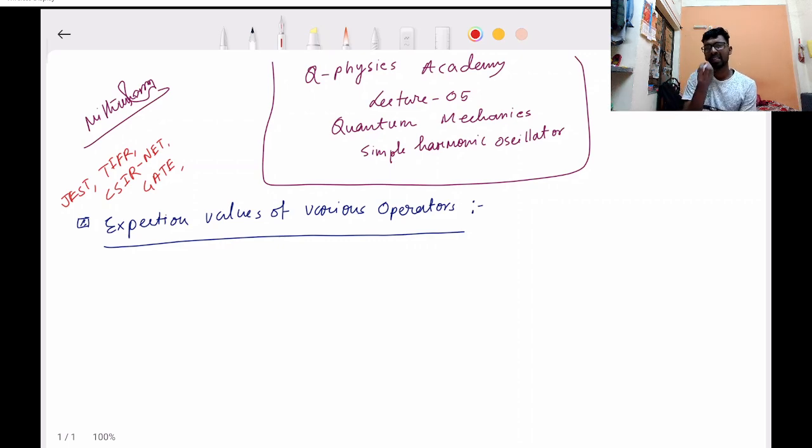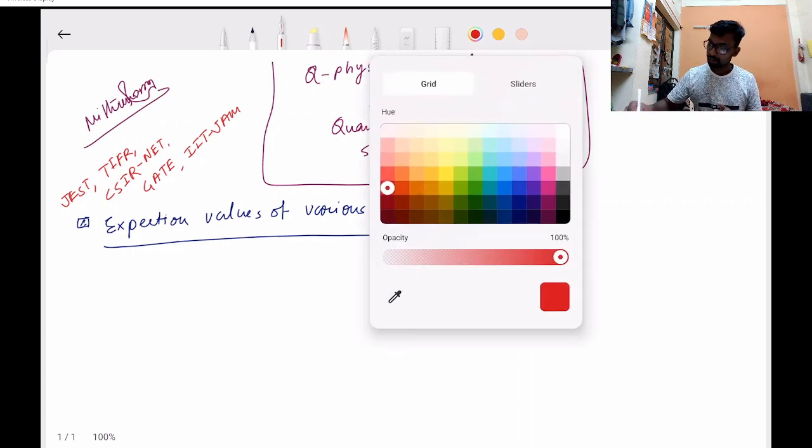It is also important from the IIT JAM perspective. So this part is very important for your upcoming exams. Just focus. Okay, let's start our lecture.